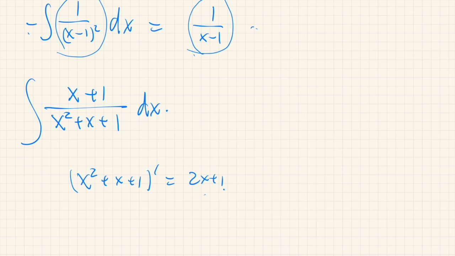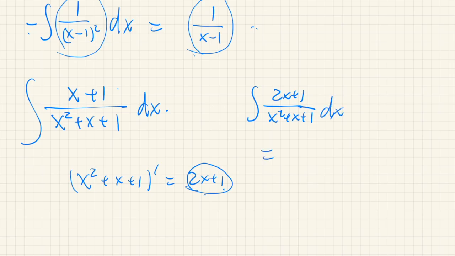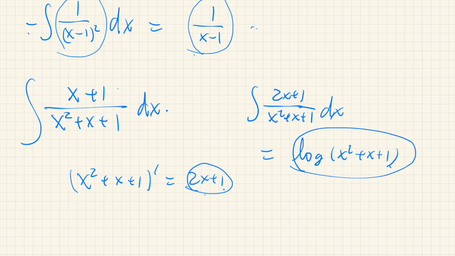If we have this in the numerator, then it's easy to integrate by substitution. For example, 2x plus 1 over x squared plus x plus 1 has a numerator that is just the derivative of the denominator. So that means we have log of x squared plus x plus 1. To check, just differentiate this and you should find this as a result.